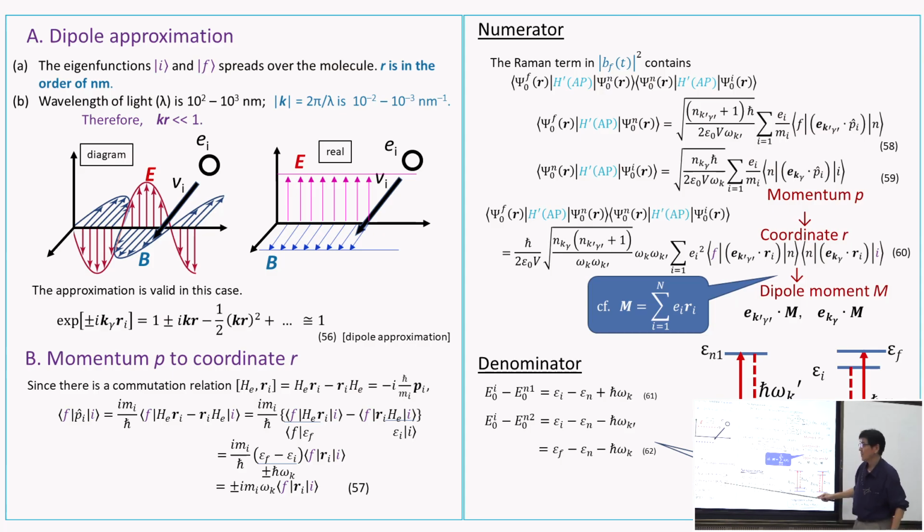So these two terms are summed up into this term, and E_f minus E_i is picked up. You know that E_f minus E_i is the energy difference between the initial and final state.